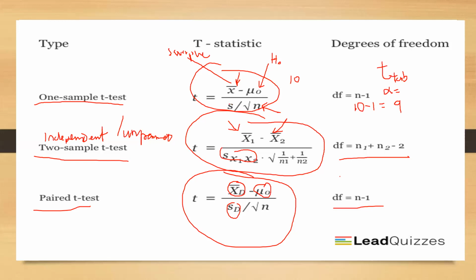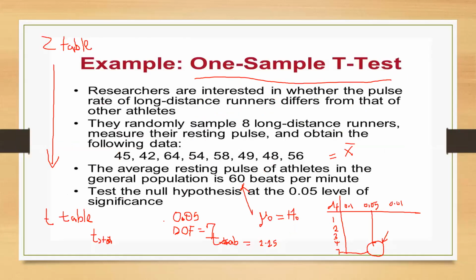So you calculate the standard deviation and then you substitute into this formula. What you get now, you will compare it with this value, your T-tab. If that value is greater than this, then you reject your H naught. If it's less than this, then you retain your H naught. Any other question?